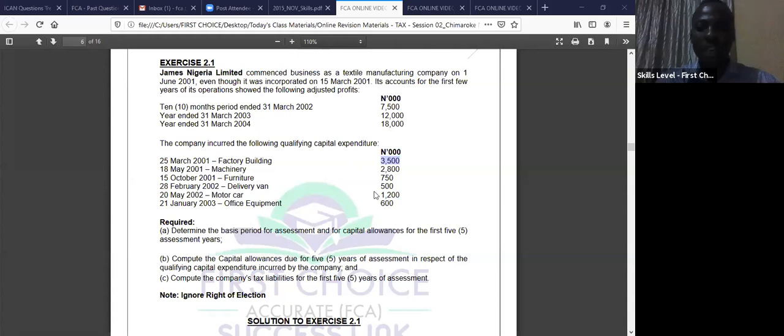So if furniture is 750,000, that would mean that the rate for furniture and fittings is 25% initial allowance.